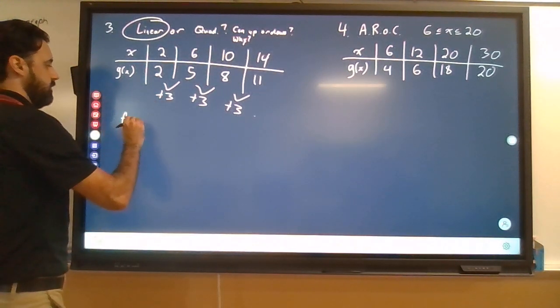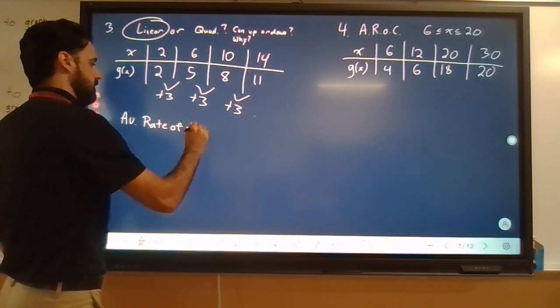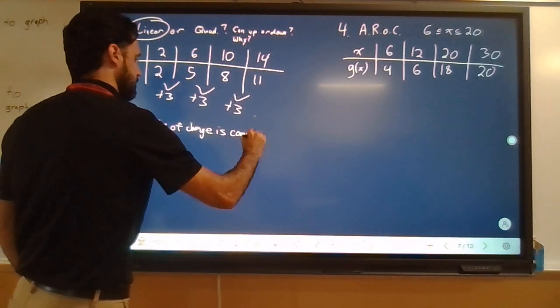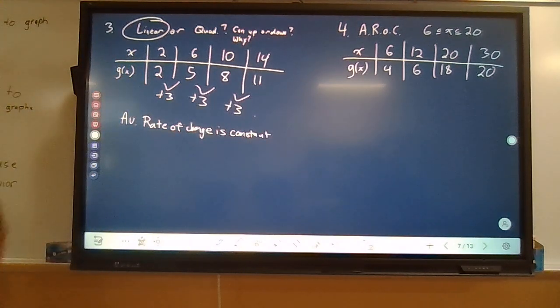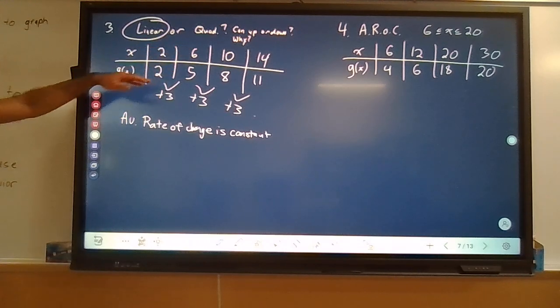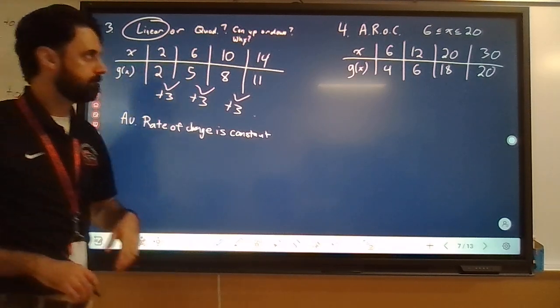Because the average rate of change is constant. All right, that's our reason. The average rate of change here, which would actually be 3 over 4. We're not accounting for the x's here. So the actual rate of change is 3 divided by 4, 3 divided by 4, 3 divided by 4.